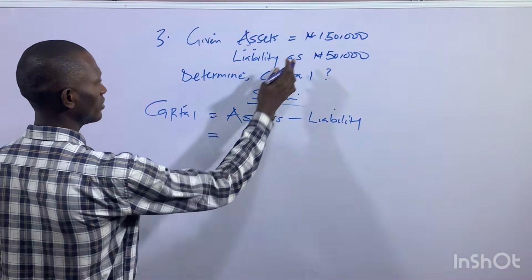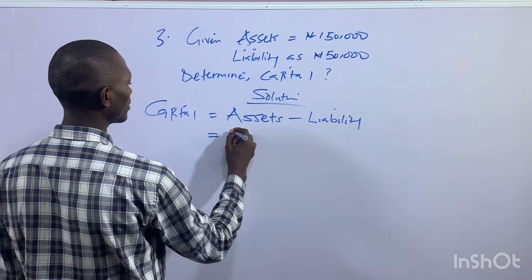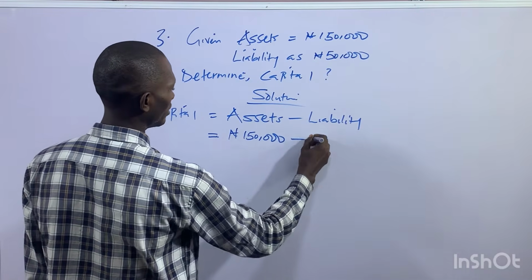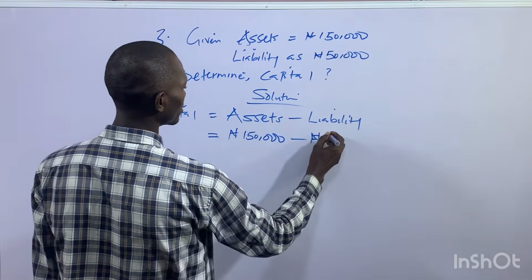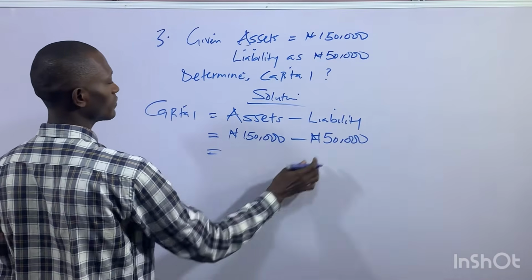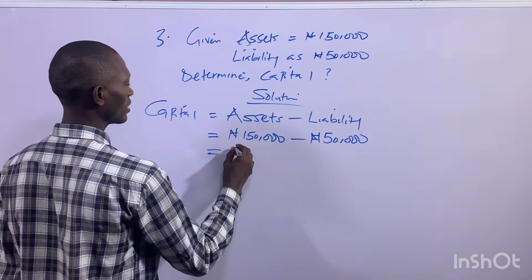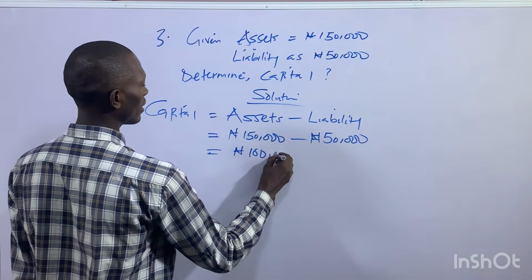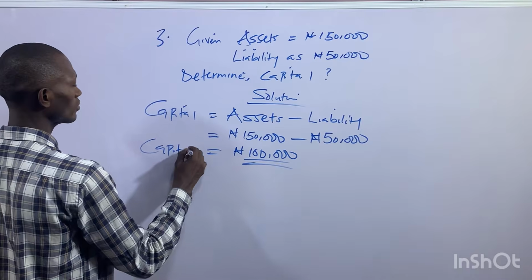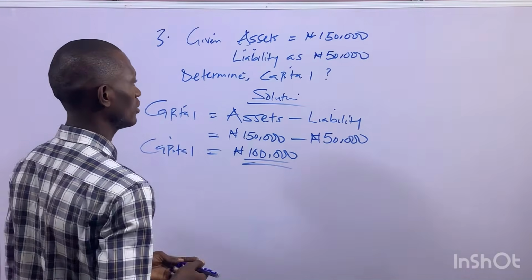So assets in this regard is given as 150,000. So 150,000 minus liability is 50,000. Then 150,000 minus 50,000 gives us 100,000. So this is our capital.